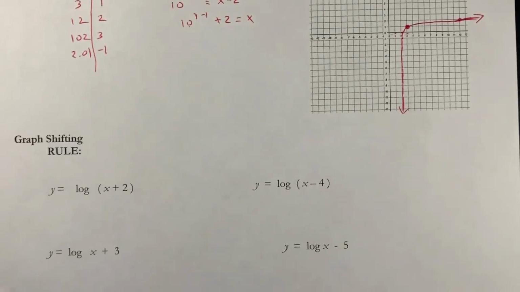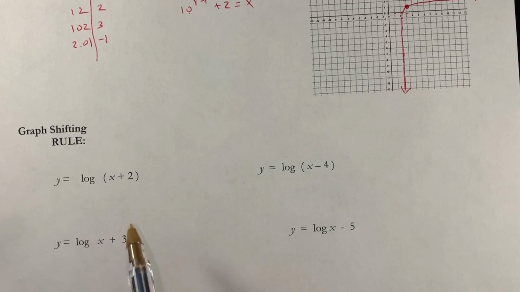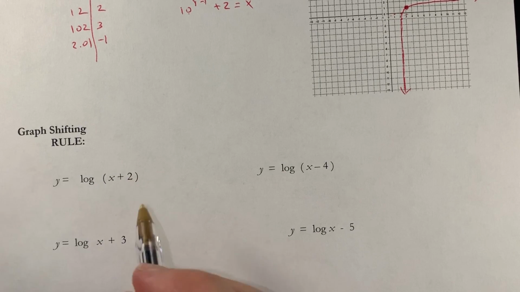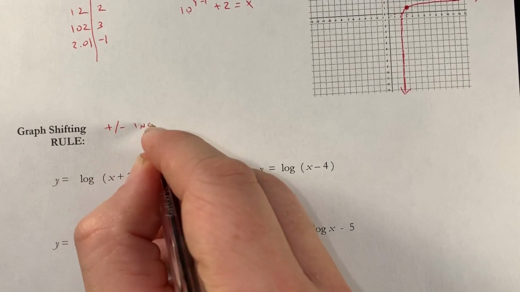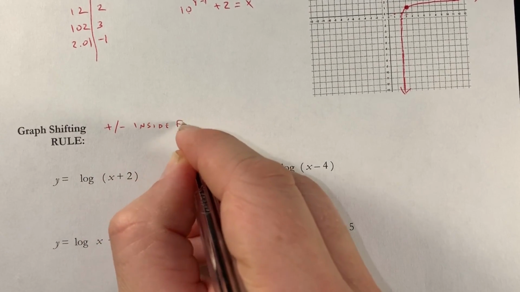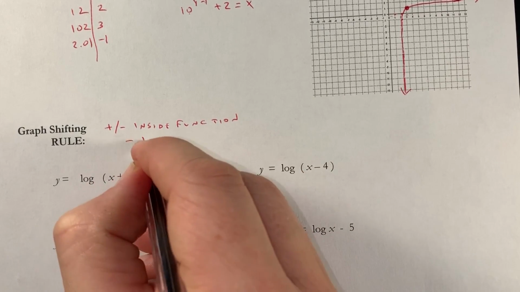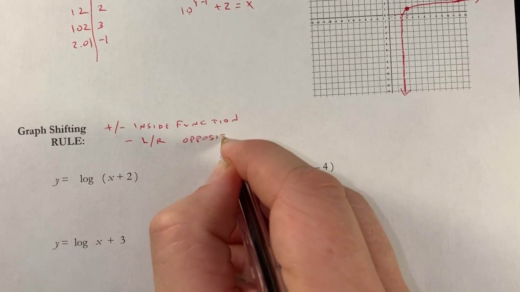So now we're going to talk about shifting graphs. Okay, when we have something added or subtracted inside of a function, that tells us to move left or right opposite the sign. So add or subtract inside the function goes left or right opposite the sign.